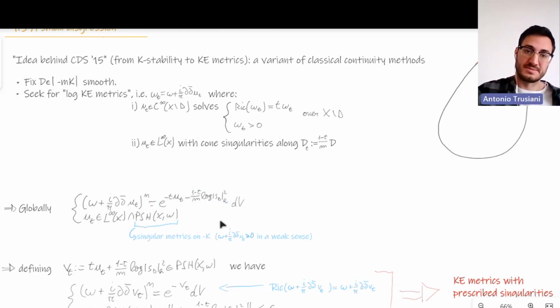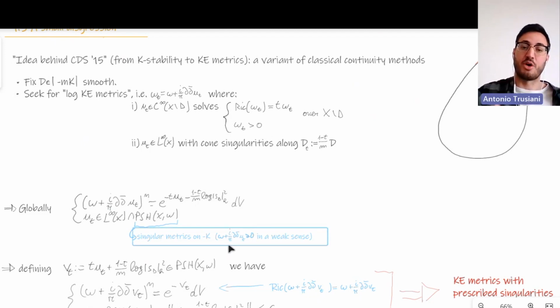So it's a singular, degenerate complex Monge-Ampère equation, and the solution cannot be smooth. It's globally bounded, and it defines a singular metric of minus K_X. So it's not a Kähler form anymore, but it is positive in a weak sense.